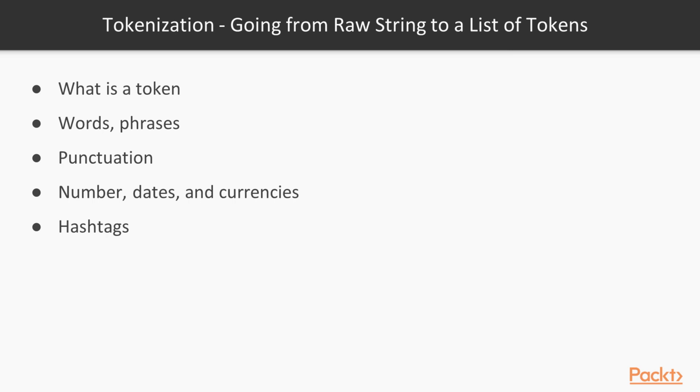For example, punctuation symbols are special tokens, and so are numbers, dates, or currencies. Some specific domains, like social media, could have also special tokens that we don't normally see in natural language, for example hashtags. The list could probably continue, but now you have the flavor.